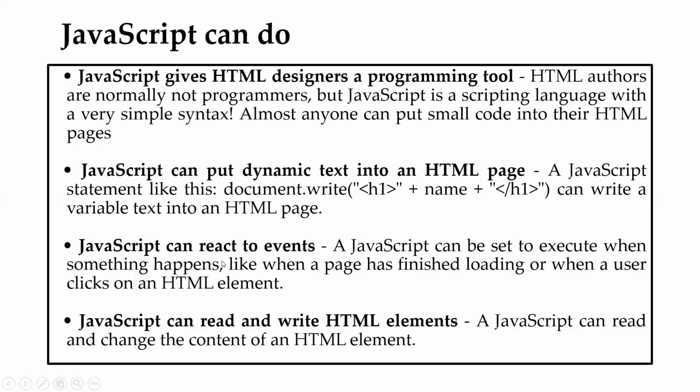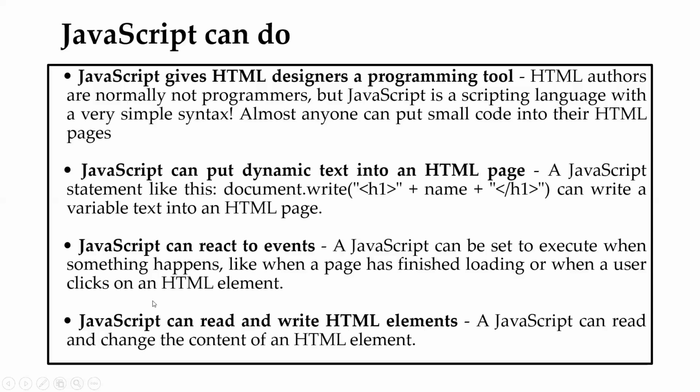JavaScript can react to events. That means when the user clicks any button, it will do something. For example, when the page is finished loading, or when a user clicks a button on the HTML element, it will display something.